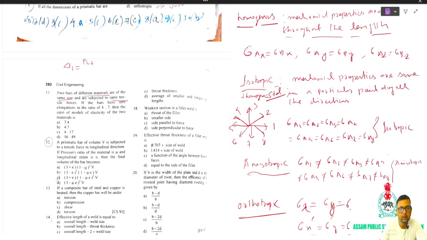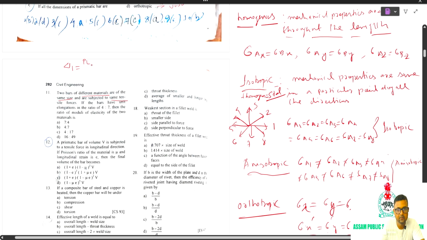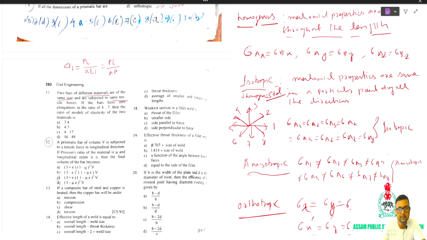Delta 1 is PL by A E1, delta 2 is PL by A E2.